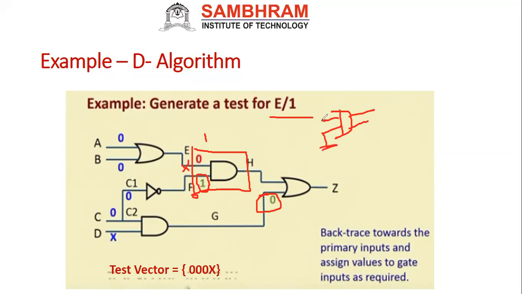Assume this is one input A, and this will be your output Y. When the input is 0, I get Y equal to 0. When this is 1, I will get 1. So very simple: if any one input is 0, the output is 0, else the output is 1. To satisfy this case, we have to make it 1.